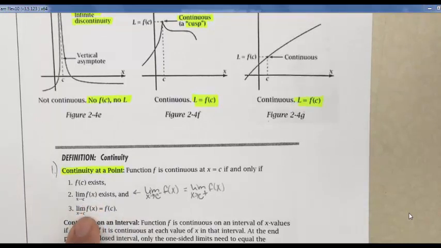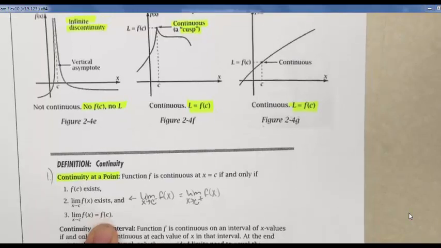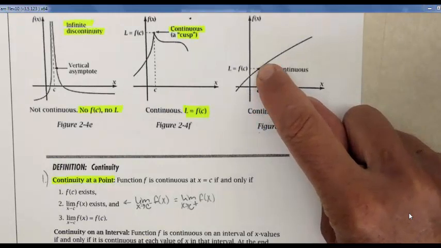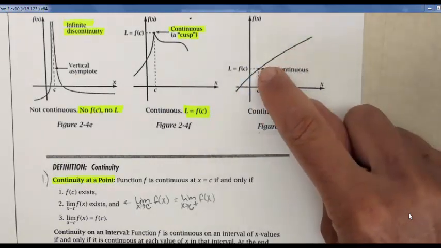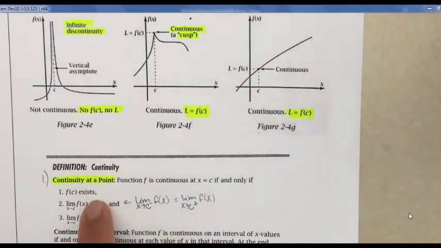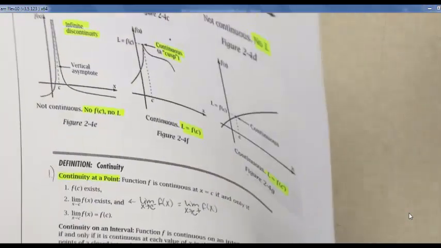And the limit as x approaches C of f of x has to equal what f of C actually is. So you can see this one's continuous. f of C does exist. The limit as x approaches C also exists, and the limit's the same as f of C. So it checks off all three of these requirements.